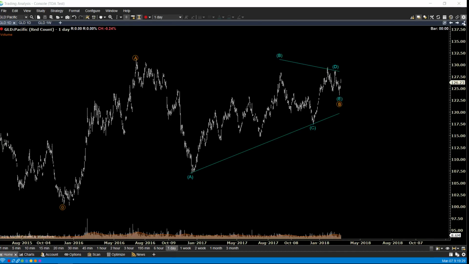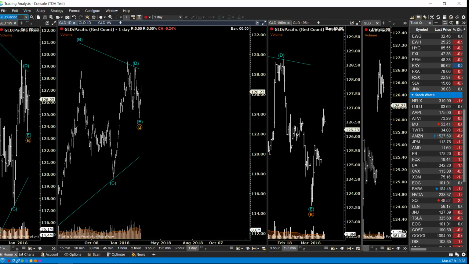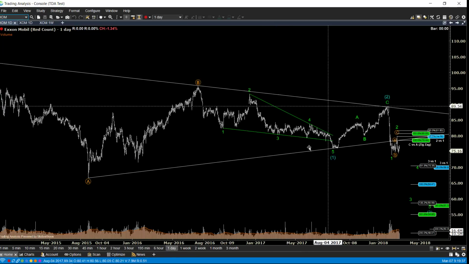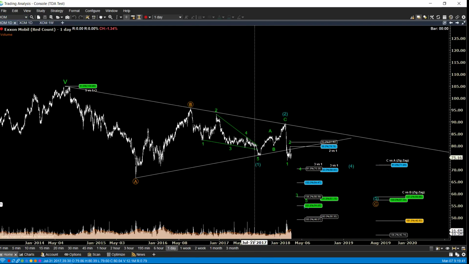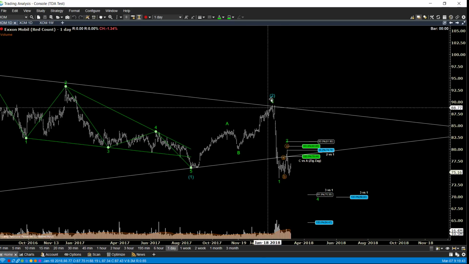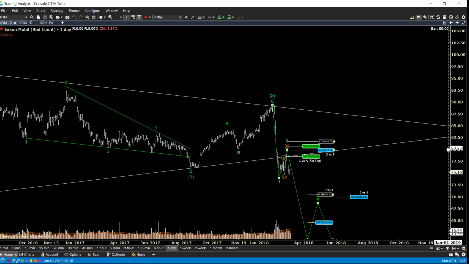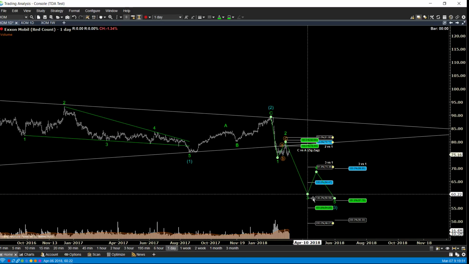Sorry about that. Why is Exxon, why are energy stocks so massively underperforming? We are short Exxon. This is just not a pretty looking chart from ExxonMobil for our subscribers. We're looking at this as a leading diagonal down in 1, ABC up in 2, and then, boy, I hope I'm wrong in this wave count. I want to see the market get smoked, I do.